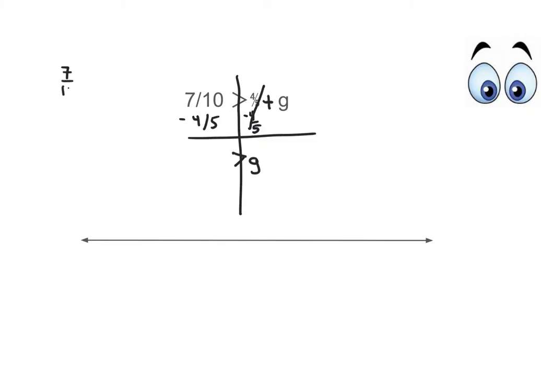We have 7/10 minus 4/5. We need common denominators. So we times that by 2 to get 10. We have to times 4 by 2 to get 8. So this is actually negative 1/10. Now when we graph it, negative 1/10 goes here. Our circle will be open because g is less than negative 1/10.